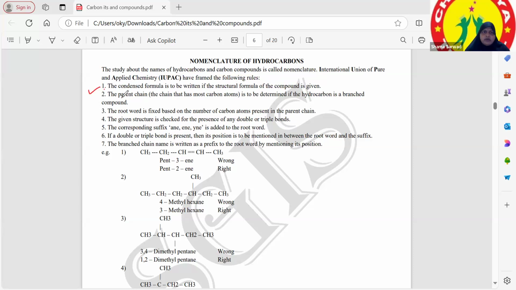First one, what you have to do? The condensed formula is to be written if the structural formula of the compound is given. What does it mean? If your ethane structure is like this, this is a structural formula for ethane, correct?